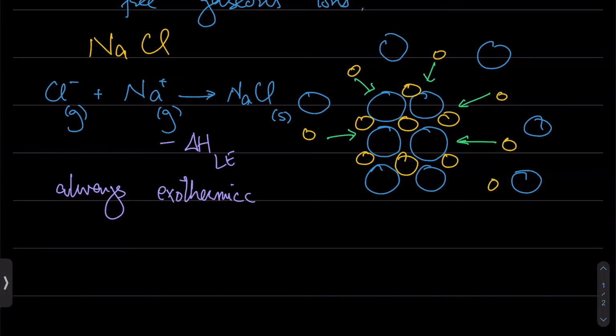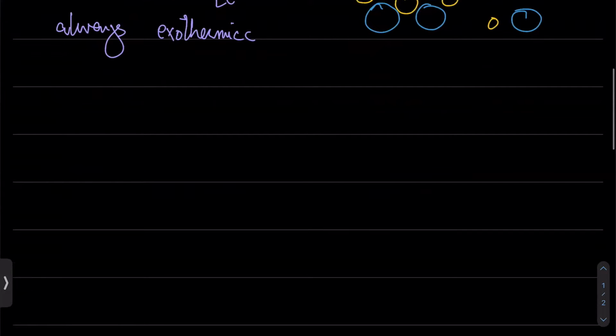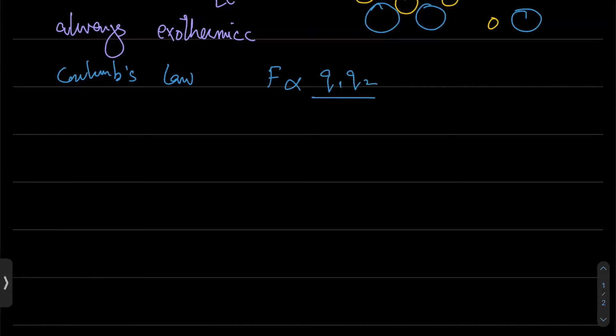Now, if you take physics, there's a law in there which is called Coulomb's Law. Coulomb's Law basically tells us how 2 charges attract each other. So it says that force is directly proportional to the charges on the 2 things divided by the distance between the 2 things. In chemistry, we're going to take the same thing because the force of attraction between ions is what we're talking about. And the ions are the positive and the negative charges that we have.